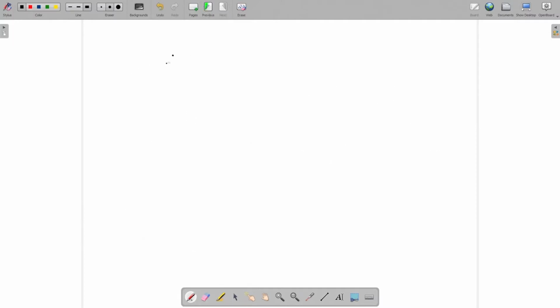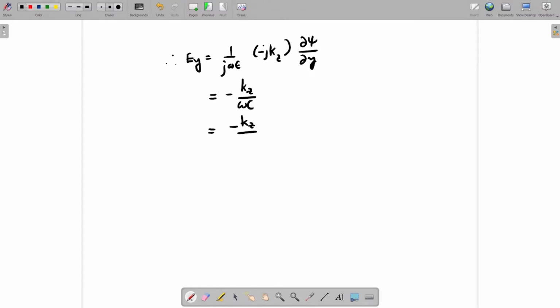we can write E y as 1 by j omega epsilon, minus j k z times del psi del y, and that is equal to minus k z by omega epsilon H x.